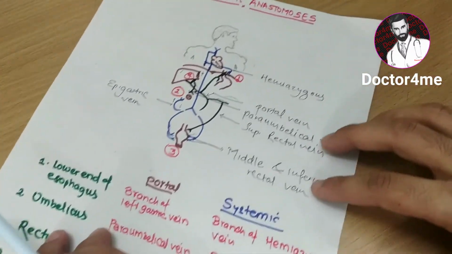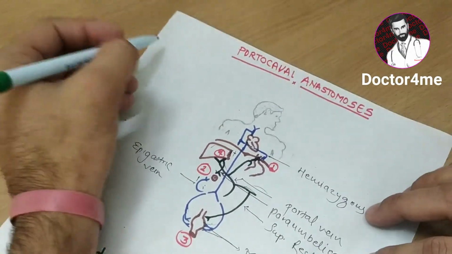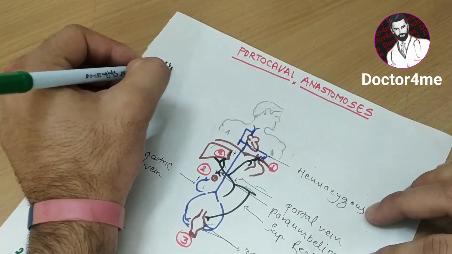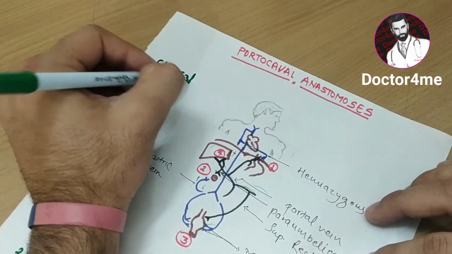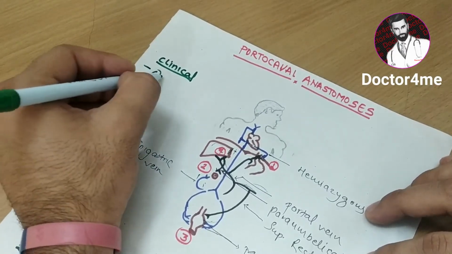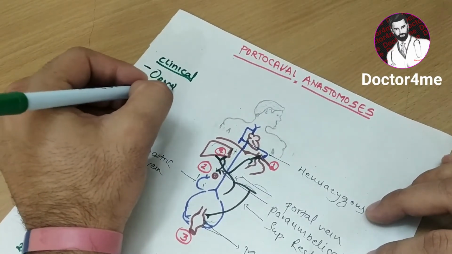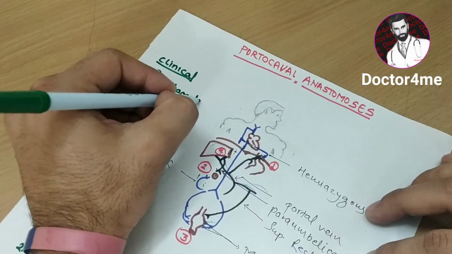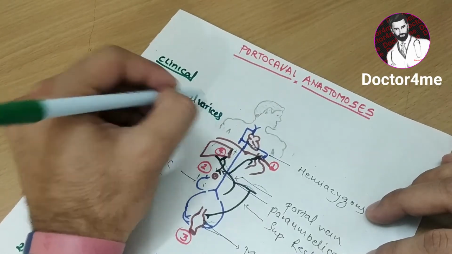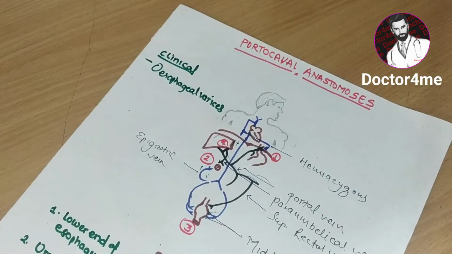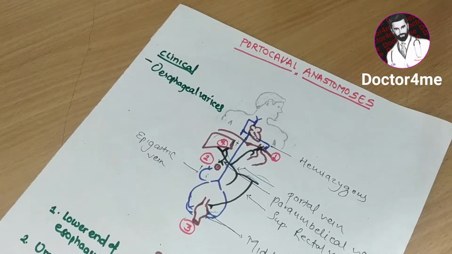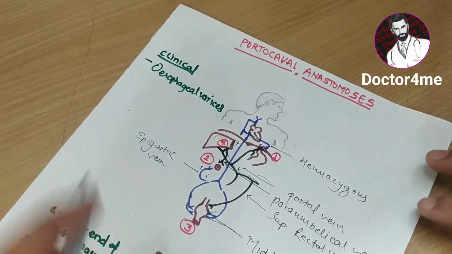Clinical correlation: esophageal varices, which may rupture, and it is dangerous. It will cause hematemesis.